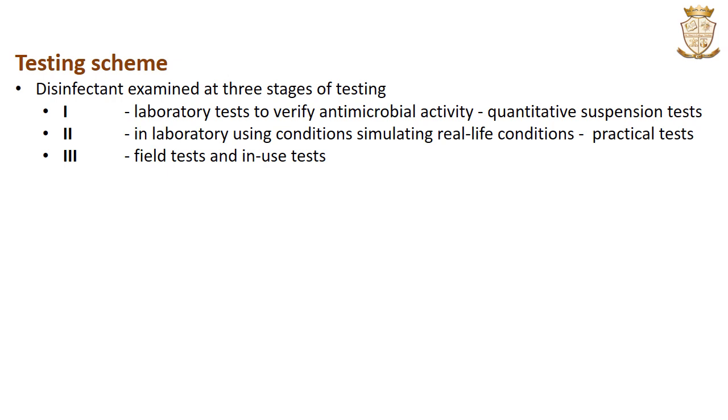The second stage is generally carried out in the laboratory using conditions that simulate real life conditions; here, practical tests are the most commonly performed. In the third phase of the disinfectant testing scheme, field tests and in-use tests are performed to further confirm the antimicrobial activity of the disinfectant.